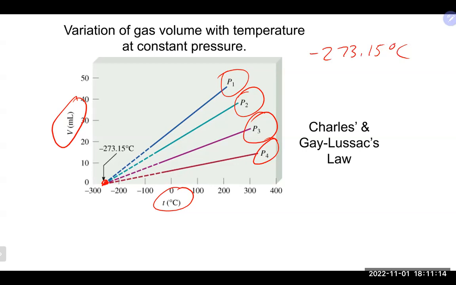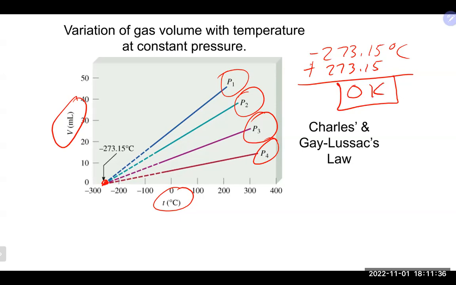That number should look familiar, because that is the number we use to convert to Kelvin. Kelvin recognized this and said that was absolute zero, because when we add 273.15 to convert into Kelvin, you get 0 Kelvin, which is absolute zero.